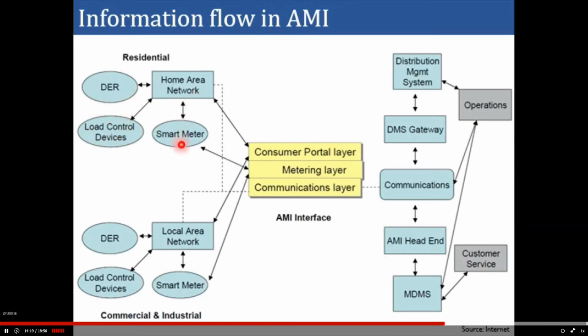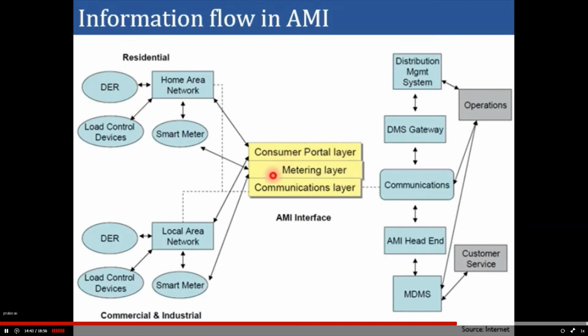So this information is shared through various layers to the remote servers. The applications which require this data are the consumer portal layer, where you see the real-time information related to the consumption and the generation if you have distributed energy resources.